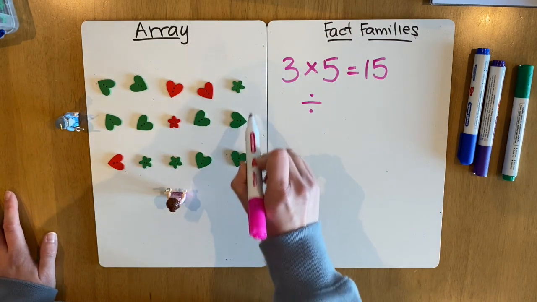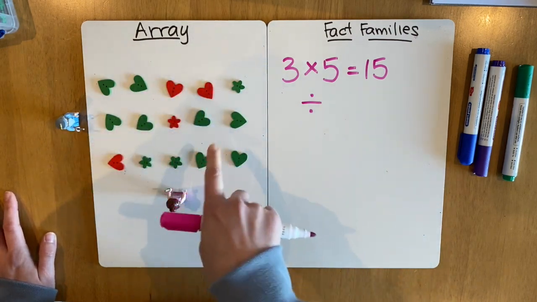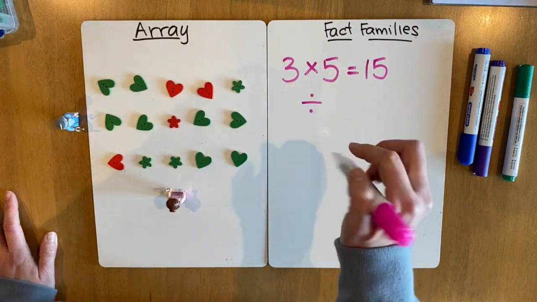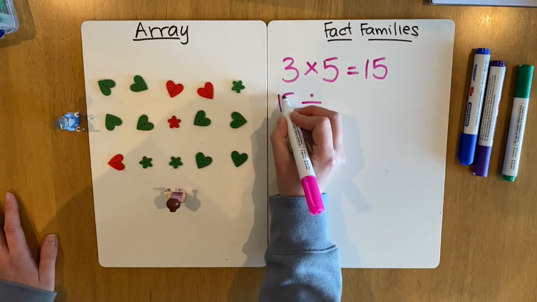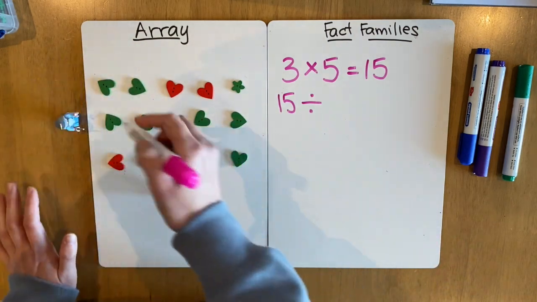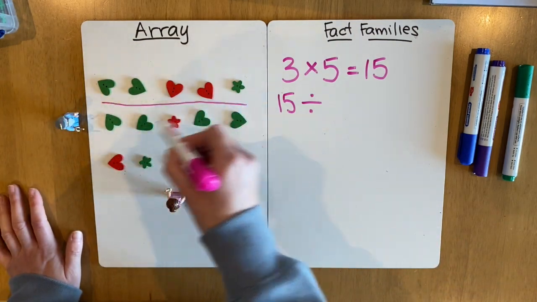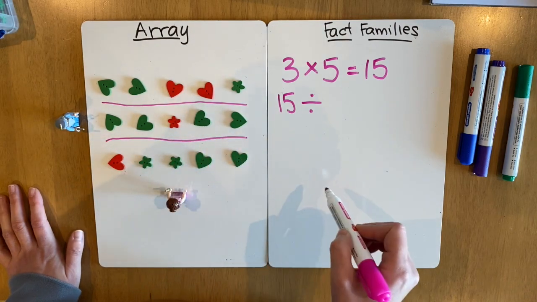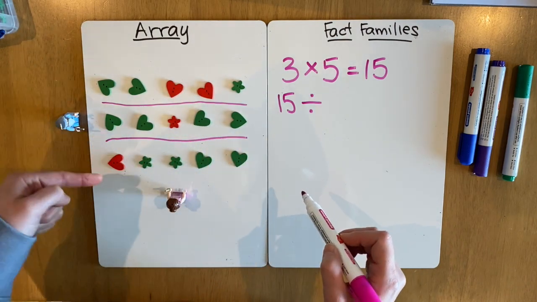Now, what division number sentence can Hermione see? So we start with the altogether number. Don't need to count them again because we know that it's 15. So 15 shared between how many groups, how many rows does Hermione see? She sees 1, 2, 3.